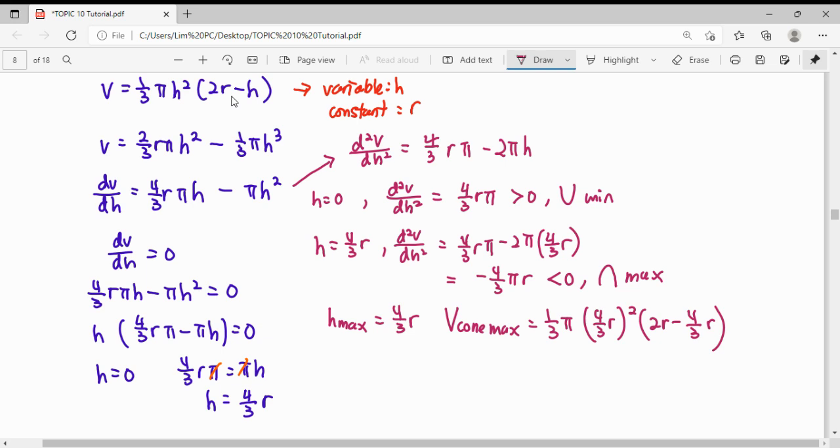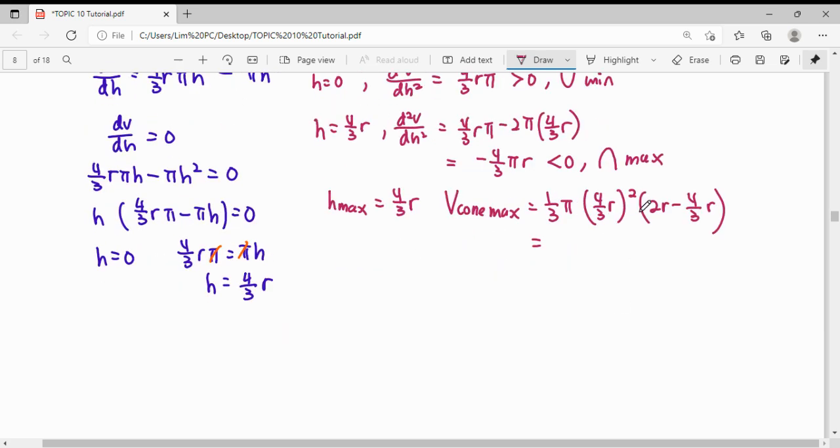So simplify this expression, where 4 over 3 squared times 3 will give us 16 over 27. So this is pi r squared.